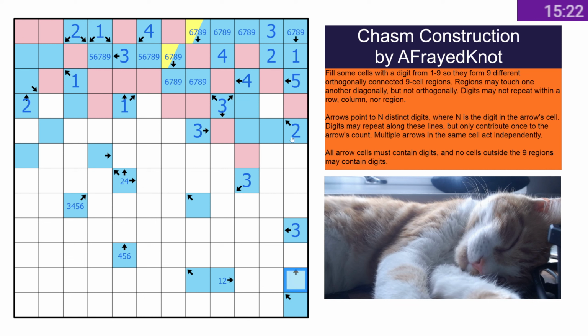This cell is at least a 5. So I should be able to say something about these two. Yes, that one's got to be one bigger, hasn't it? So that can't be 9, that can't be 6. I think. There's a very high chance that's not true.